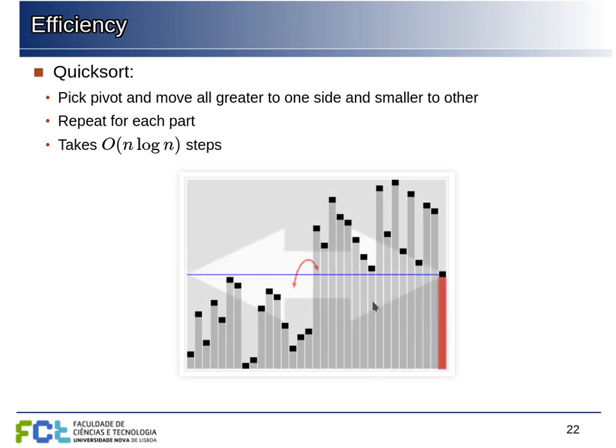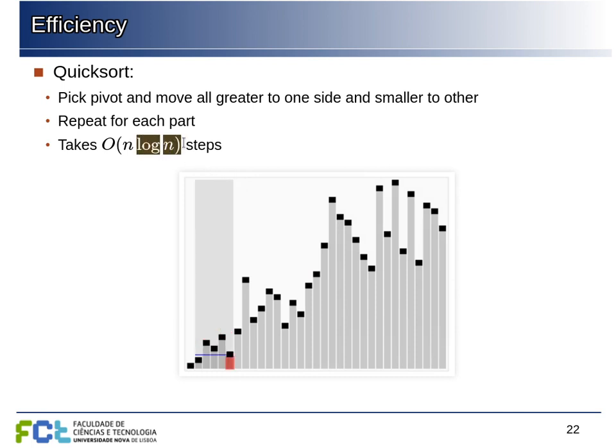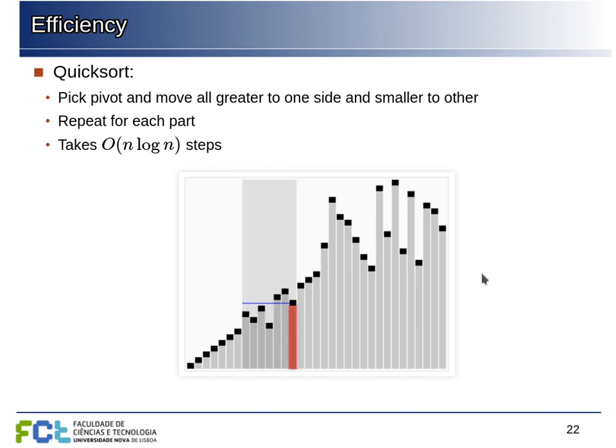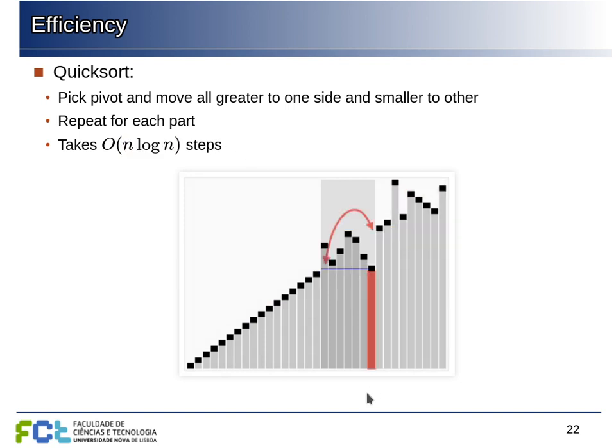The result of this is that for each element, we don't need to look at all the other elements. We need only to look at around the logarithm of the number of the elements. So on average, this is proportional to n log n in the number of steps.